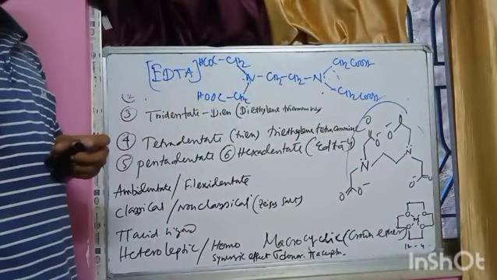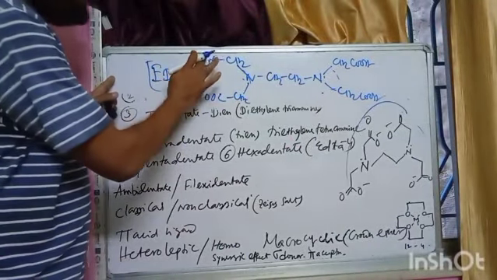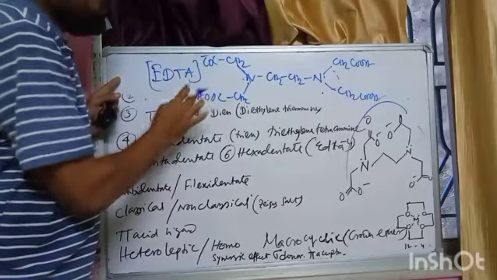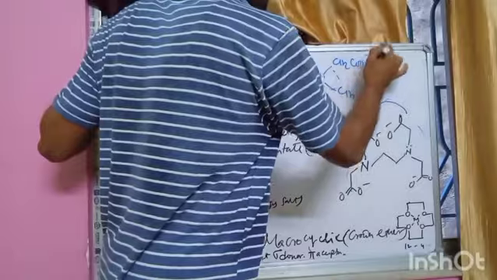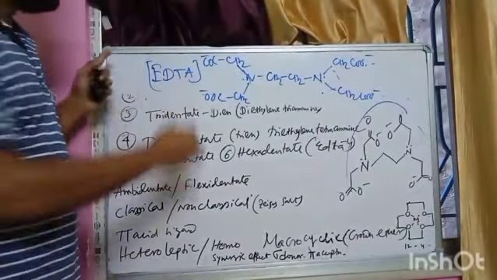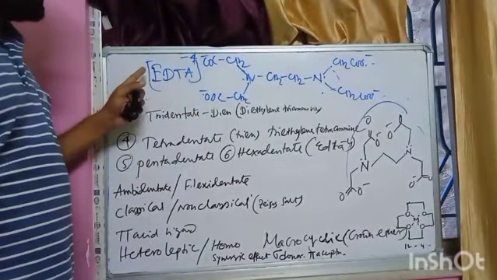It is called ethylenediaminetetraacetic acid. But if the 4 H plus are removed, there is a charge of minus 4, so we write EDTA minus 4.